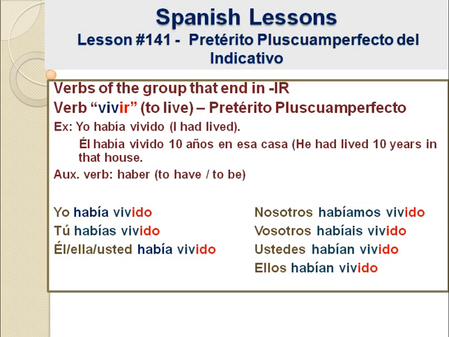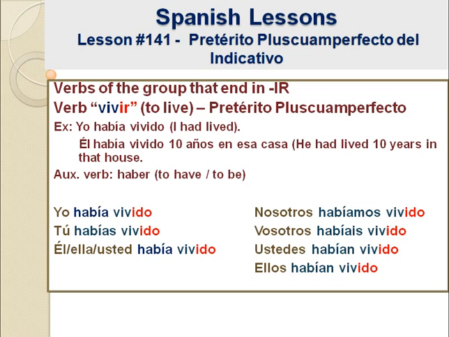They had lived. So you can see here how only the auxiliary verb changes, right? It's the only one that is conjugated for every single subject pronoun, okay? And the verb vivir, or whatever verb we want to conjugate, remains the same, right? Vivido, vivido, vivido, always.